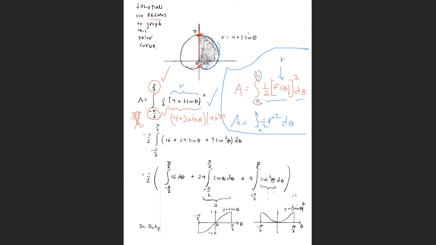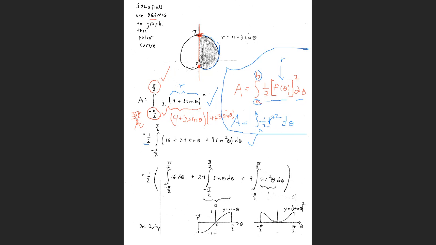And so what you do is you FOIL that. When you FOIL that, you're going to get this result here. You're going to get 16 plus, and notice I pulled the 1/2 out in front, 16 plus 24 sine theta plus 9 sine squared theta.